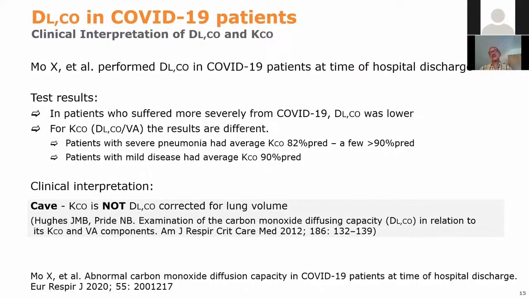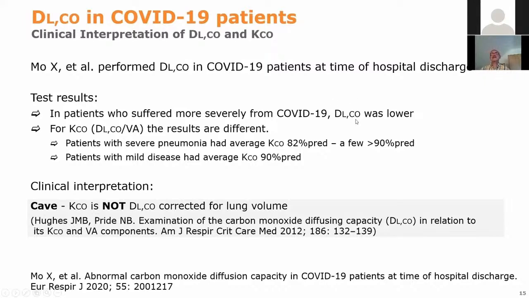The second result is that COVID-19 patients very often or usually suffer from diffusion problems beside ventilatory limitations. But in his study, he found that the KCO, which is mathematically the DLCO divided by the alveolar volume, was even better and did not correspond to the classification based on DLCO.